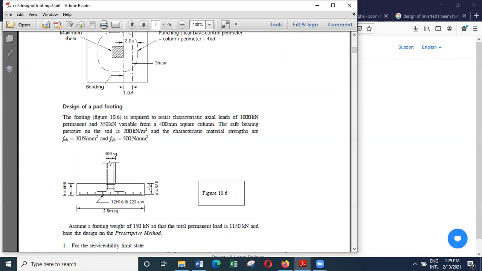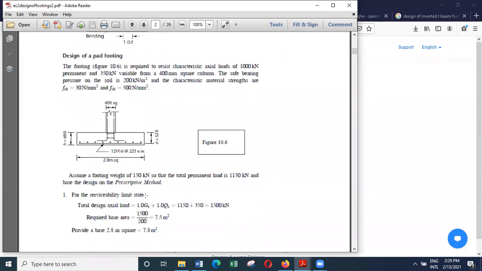The weight of the base has to be considered when we are dealing with bearing, whereas when calculating the bending moments and shear forces, we don't have to worry about it. The reason is the weight of the base is resisted where it comes.